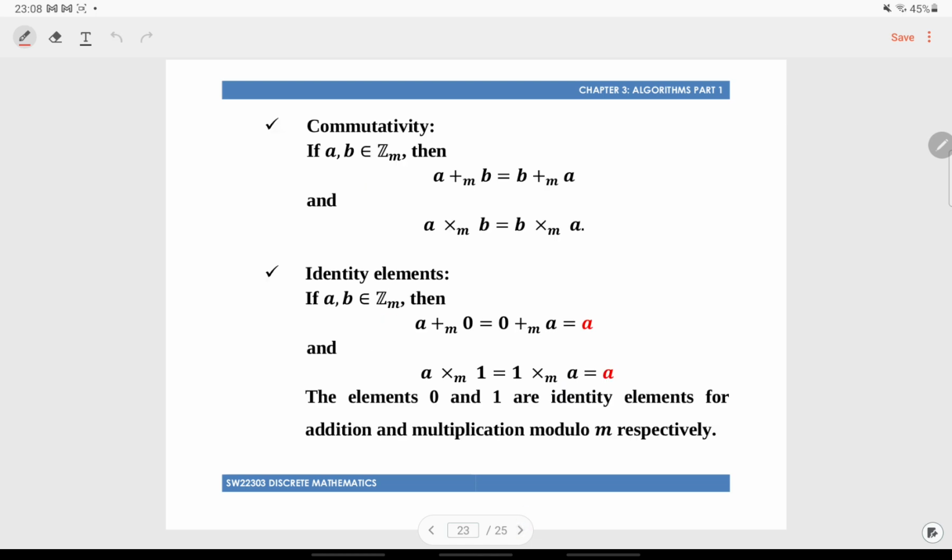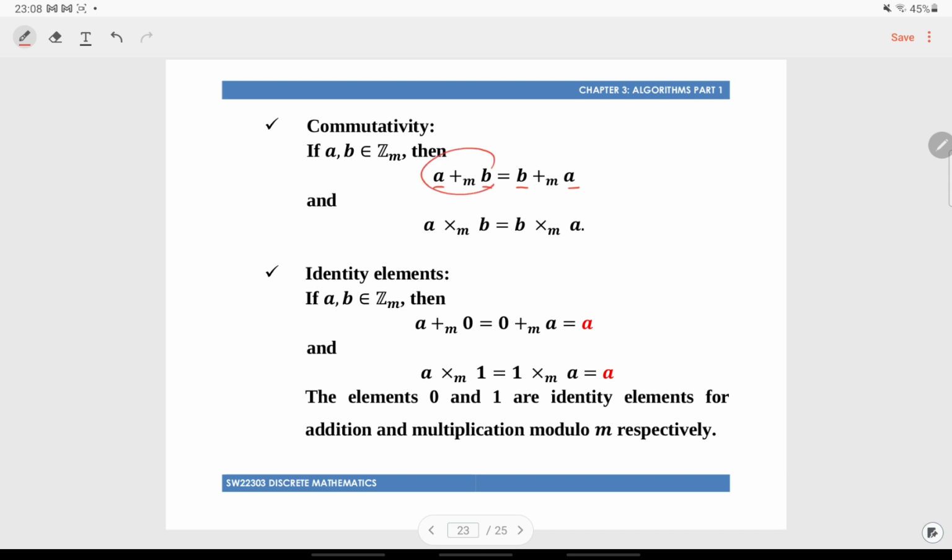Other than closure and the associative property, both operations are also commutative. Commutative means we change the position. In the left hand side, we have a plus b. At the right hand side, we change the position between a and b, so it becomes b plus a.